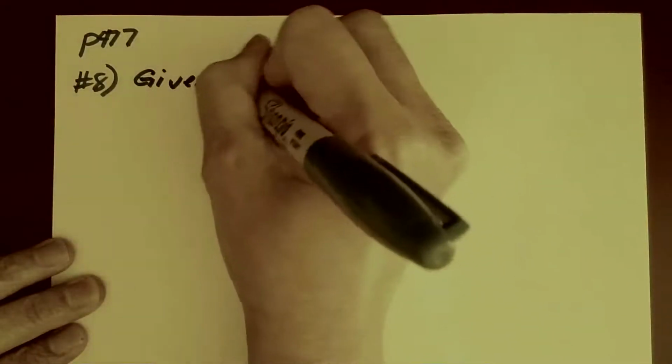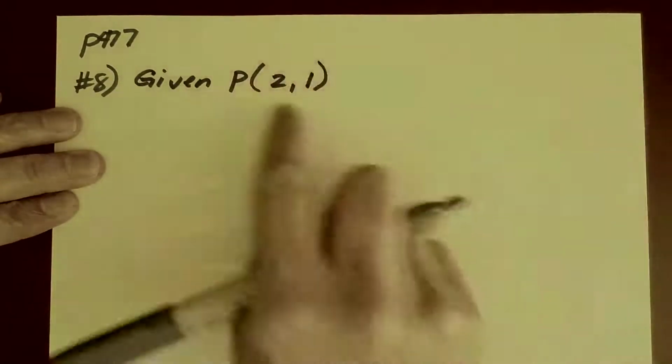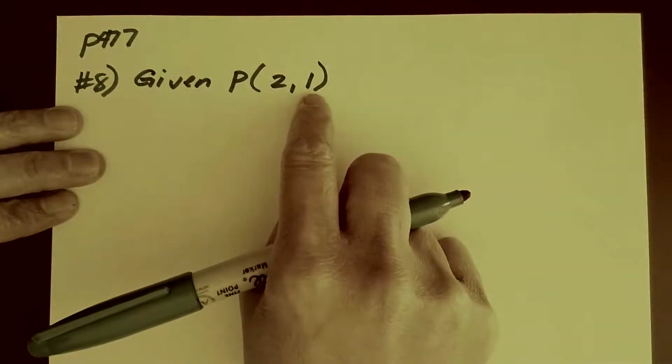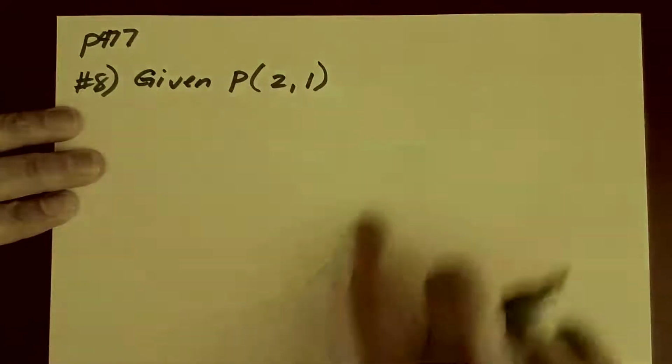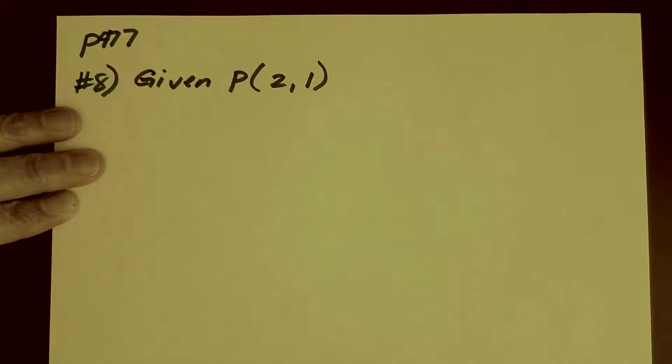Okay. How is this one different? For question number 8, they're actually giving us the point. So the given point is 2, 1.